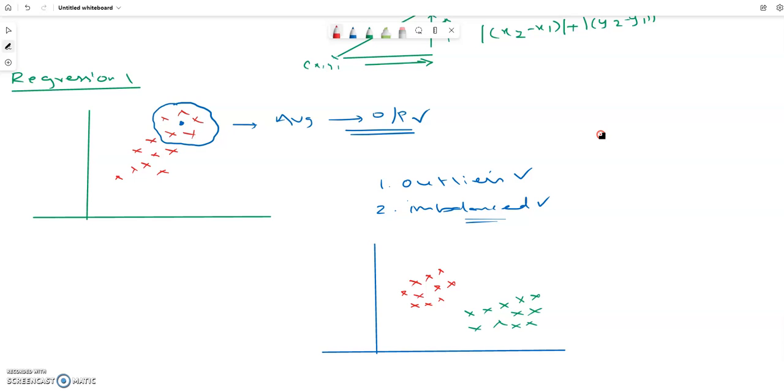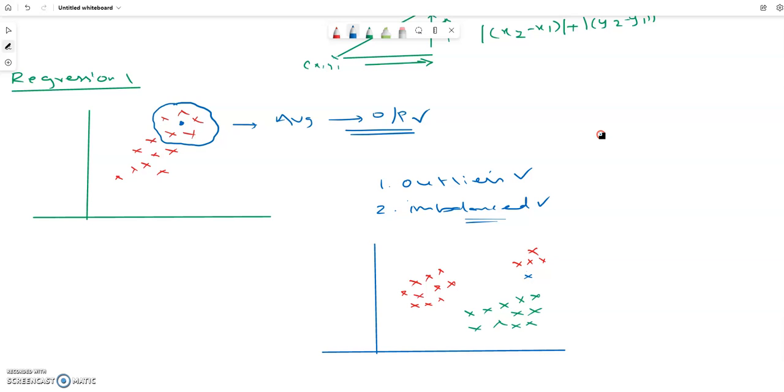Let's say we have an outlier for red category somewhere here. Suppose we have our new data point somewhere here. Let's just put it somewhere. Okay, our new data point is somewhere here.